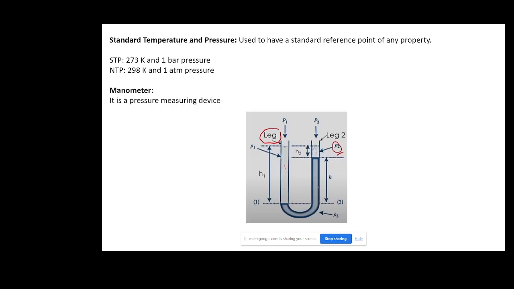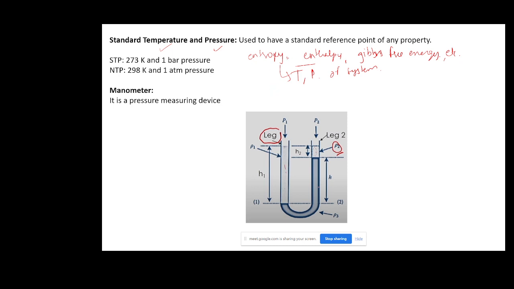The next important terminology that was highlighted in the lecture is standard temperature and pressure. There are many properties, for example entropy, enthalpy, Gibbs free energy. These are just a few examples. These properties depend on the temperature and pressure of the system, so we need one standard point at which we measure, and that is considered the standard.